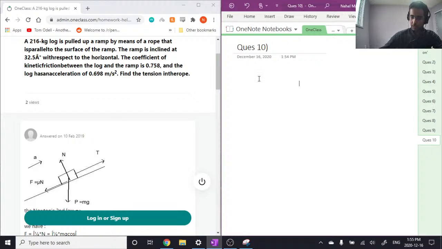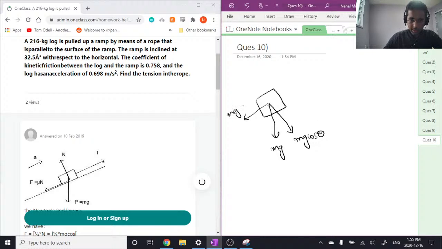Okay, so if I were to draw the free body diagram of this box, which is at an angle which we are given to be 32.5, I would have a component mg acting downwards, a component mg cos theta, another component mg sine theta.